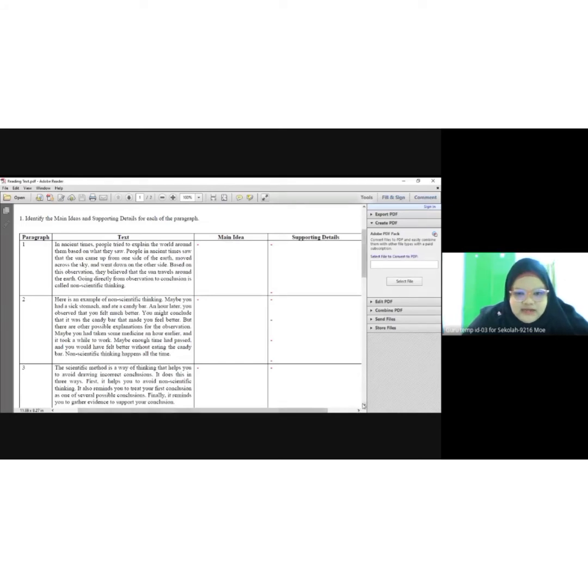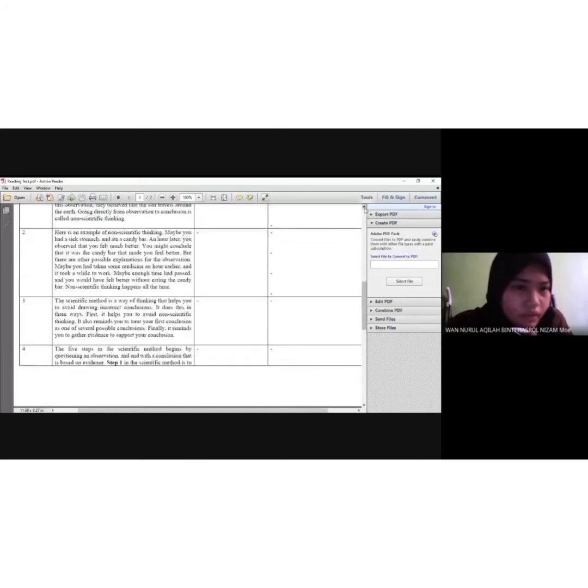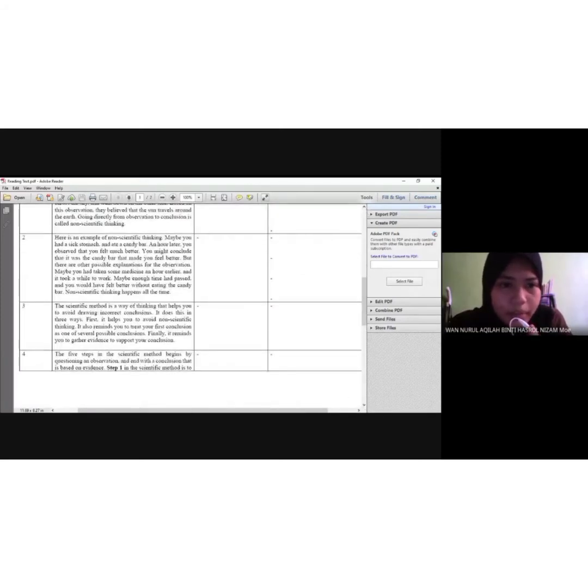What is the main idea for paragraph 2? Here is an example of non-scientific thinking.